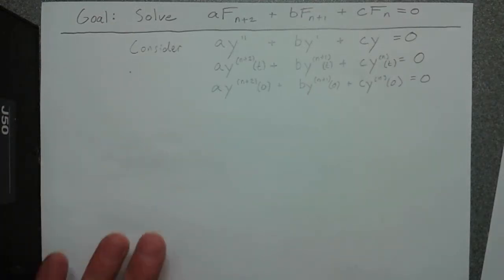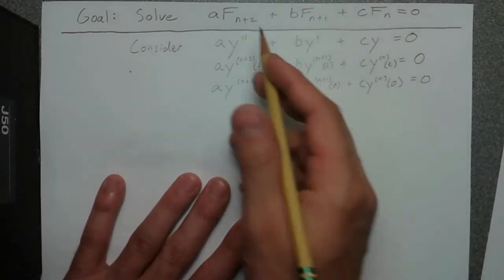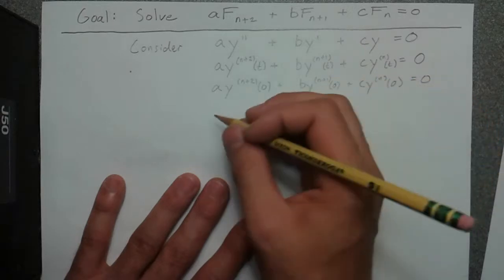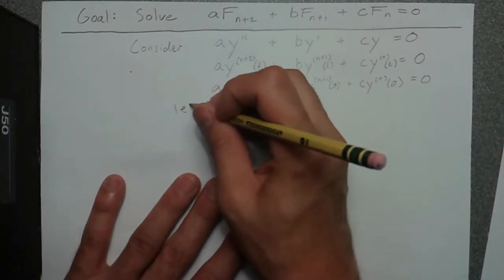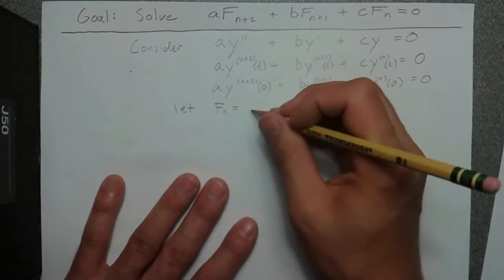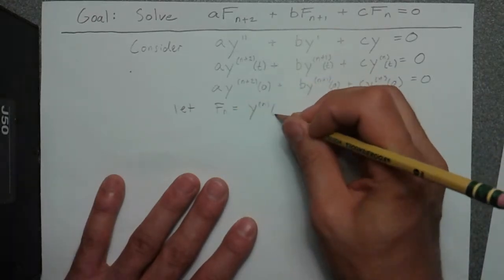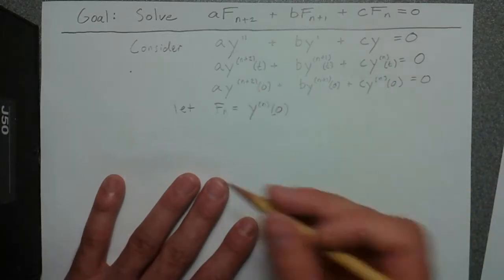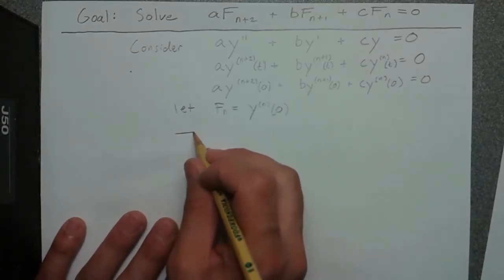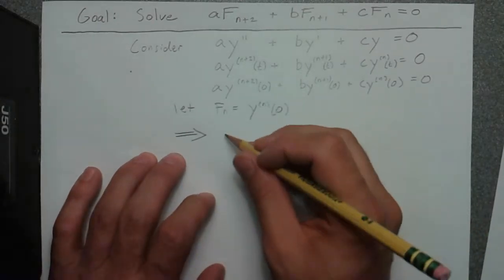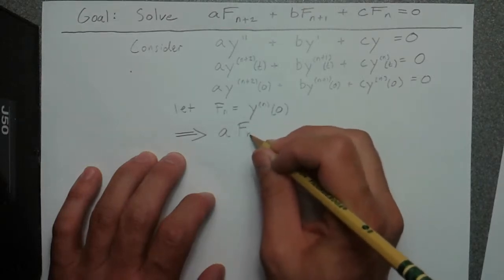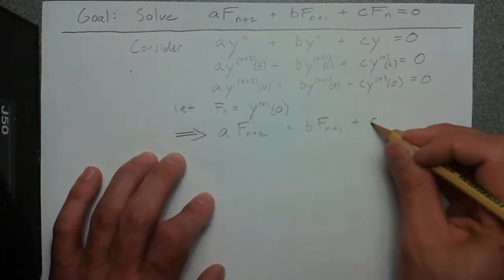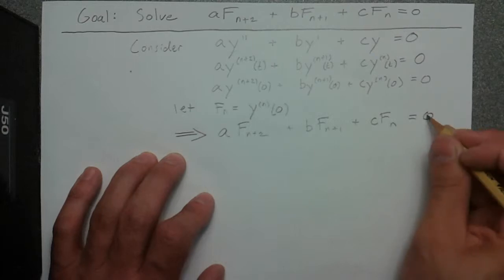And so then what you can do is define a recurrence relation. We're forgetting about this, and we're just starting here. Now I can define f of n. If I let f of n be the nth derivative of y evaluated at 0, then this would imply that I have the recurrence relation a f(n+2) plus b f(n+1) plus c f(n) is equal to 0.